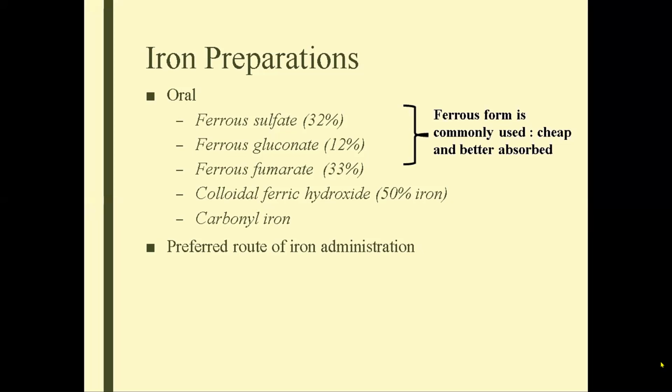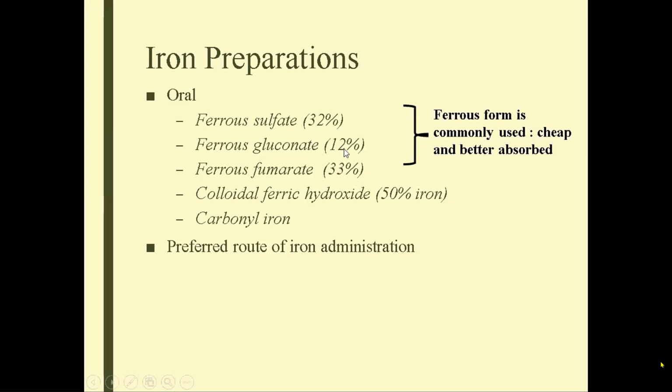Right? So we have very popular, commonly available preparations: ferrous sulfate, ferrous gluconate, and ferrous fumarate. Now, ferrous, I guess you know by now, is the commonly used, cheaper, and better absorbed form.